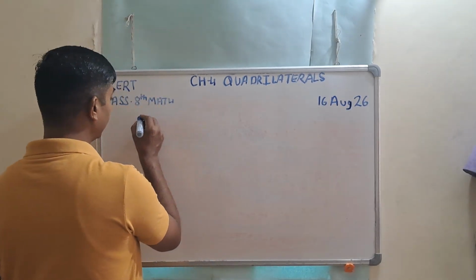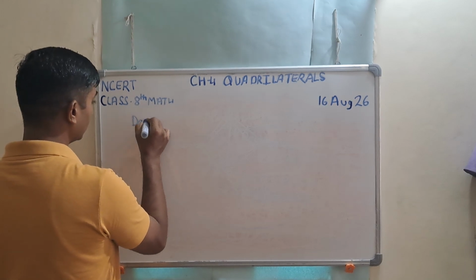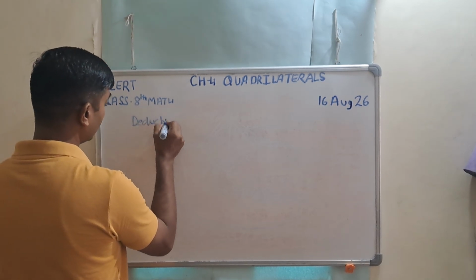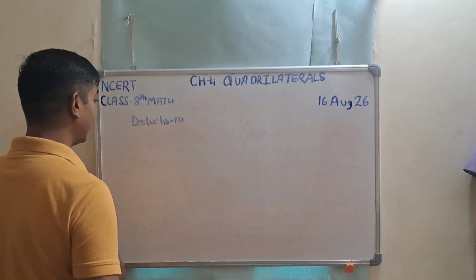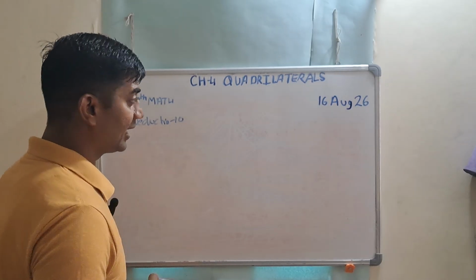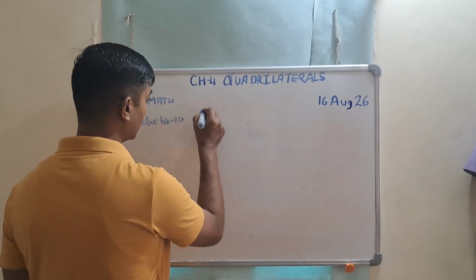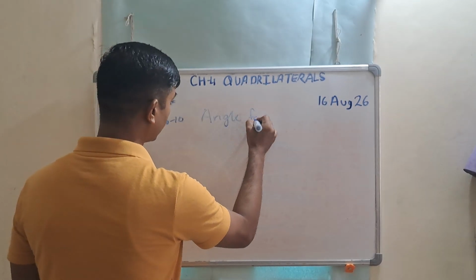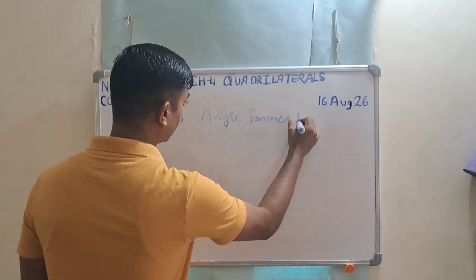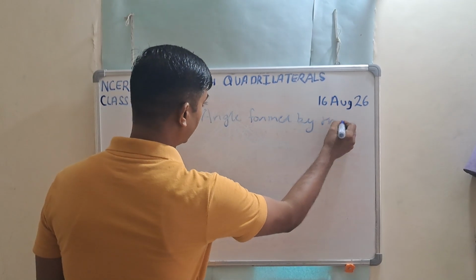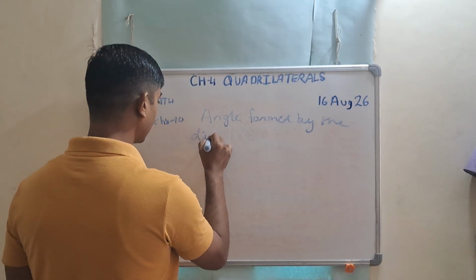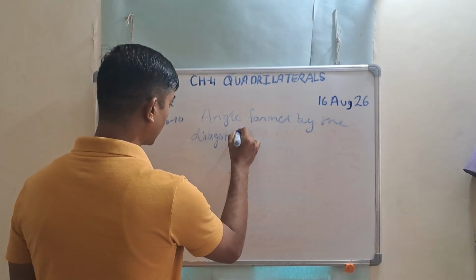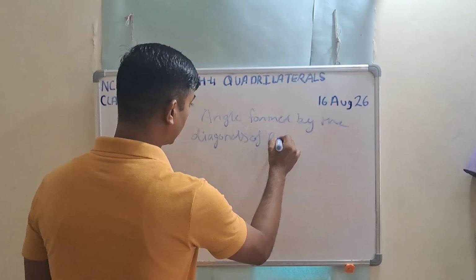What is deduction number 10? Deduction 10 is angle formed by the diagonals of a rhombus.